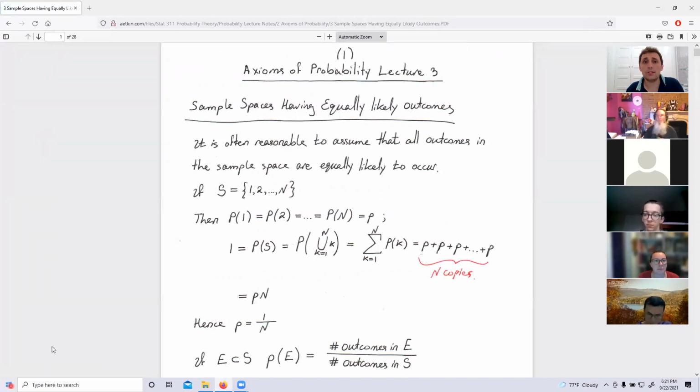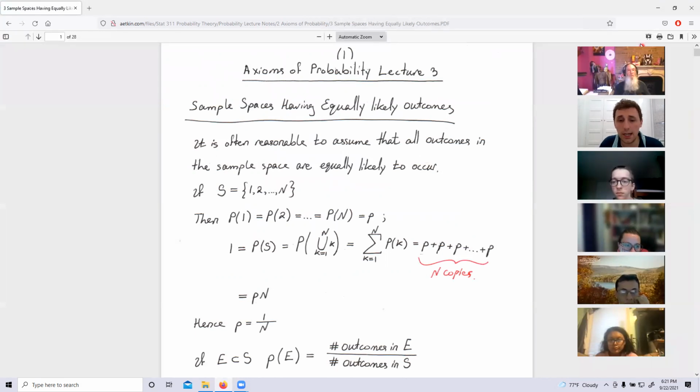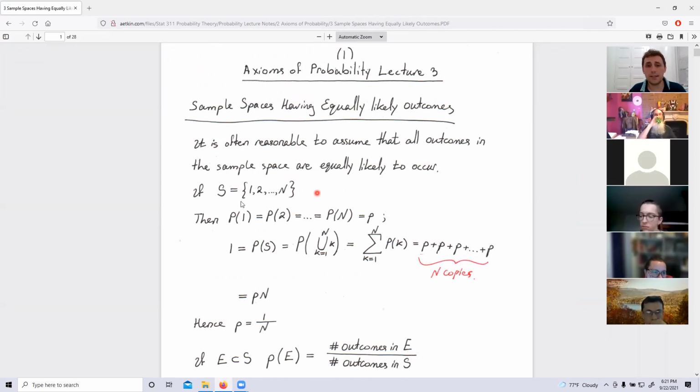So let's consider sample spaces having equally likely outcomes. A sample space that has equally likely outcomes means that the probability function assigns the same number. If it's a finite set, it assigns the same number to each outcome, yes?